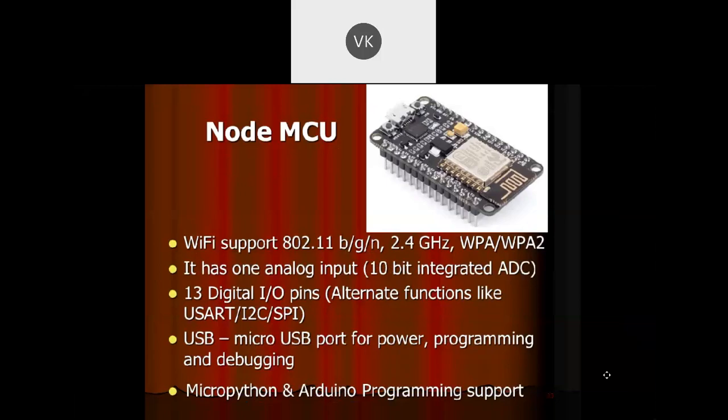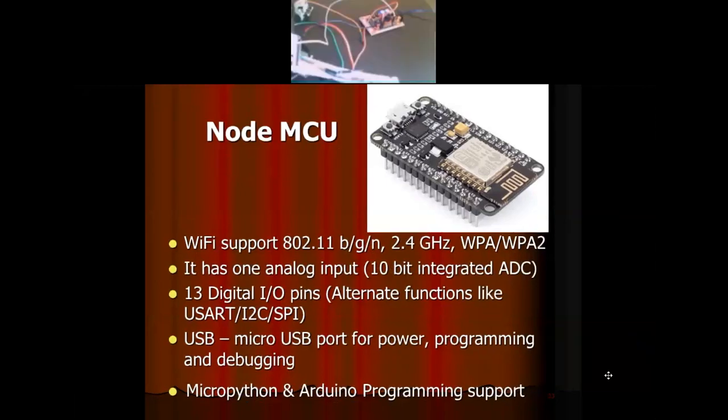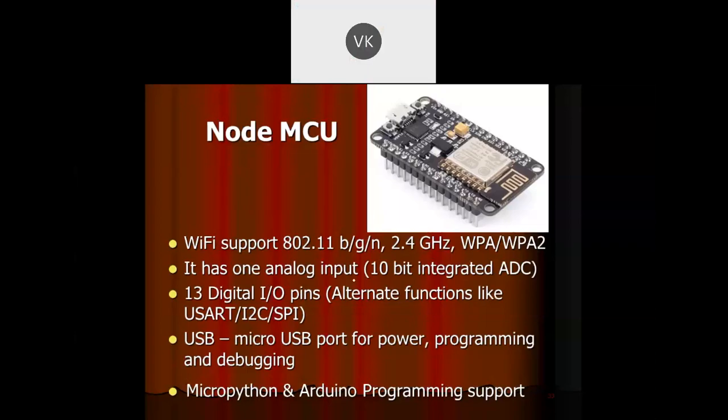It has Wi-Fi support of the 802.11 b/g/n standard and operates in the license-free 2.4 gigahertz band. It has one analog input, as I told you, one ADC input. If you purchase a higher version, then maybe you will get more analog inputs. 13 digital I/O pins are available, which have alternate functions like USART, I2C, and SPI, that is, serial communication functions.